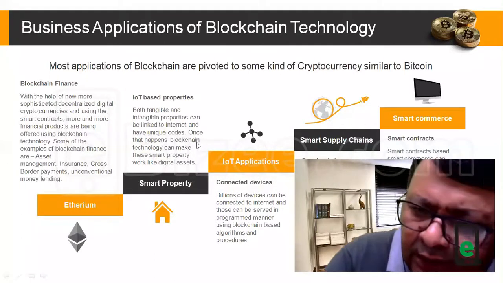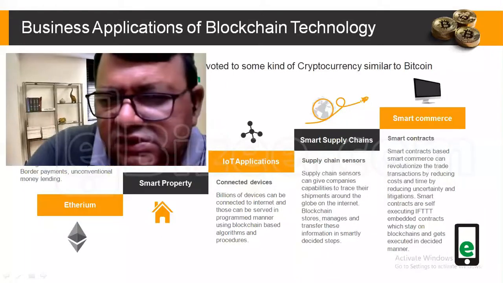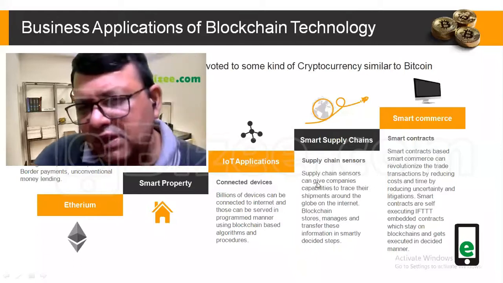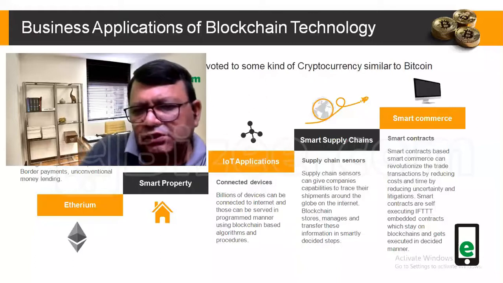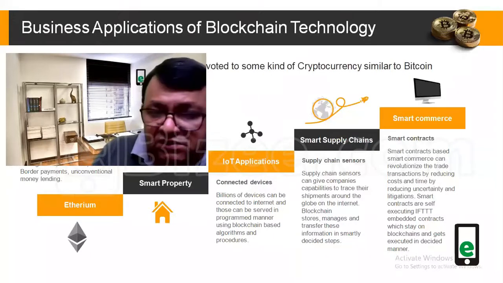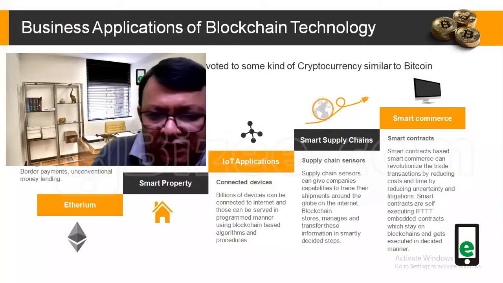Now, another area where blockchain and cryptocurrencies find interesting uses is something called smart supply chains. So these smart supply chains are based on supply chain sensors. Supply chain sensors can give companies capabilities to trace their shipments around the globe on the internet.